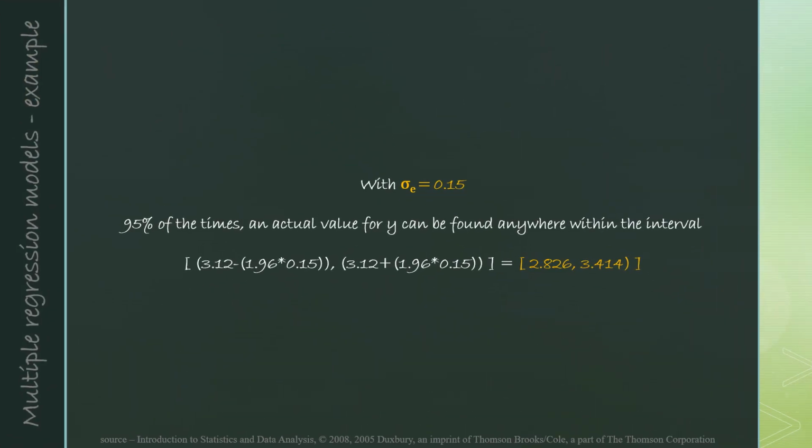With sigma equals 0.15, 95% of the times an actual value for y, an actual GPA, can be found anywhere within the interval 3.12 minus 1.96 multiplied by 0.15 and 3.12 plus 1.96 multiplied by 0.15, which equals an interval between 2.826 and 3.414.